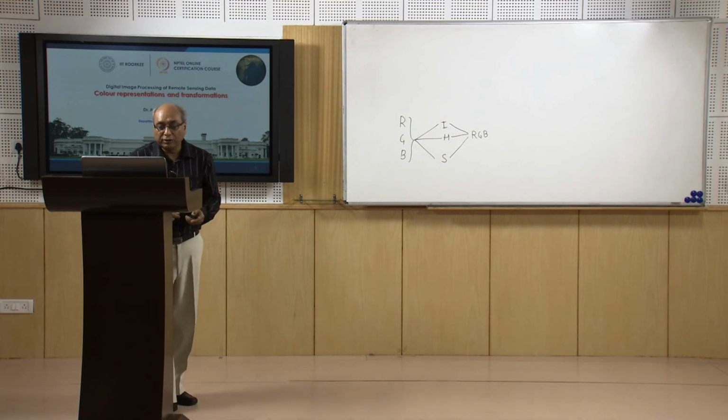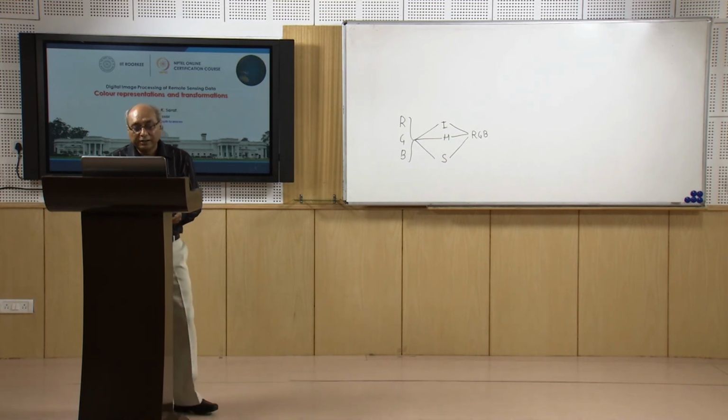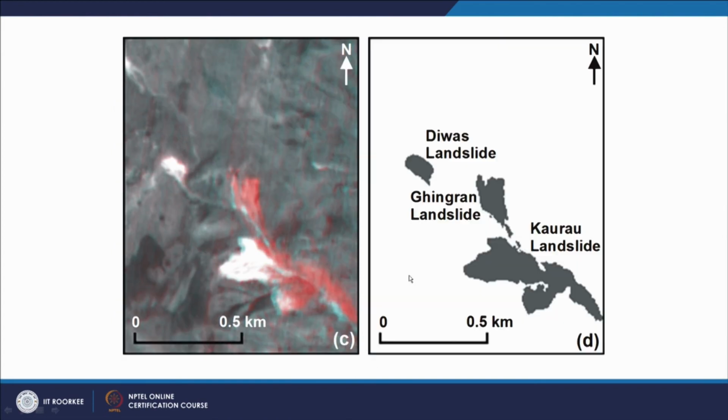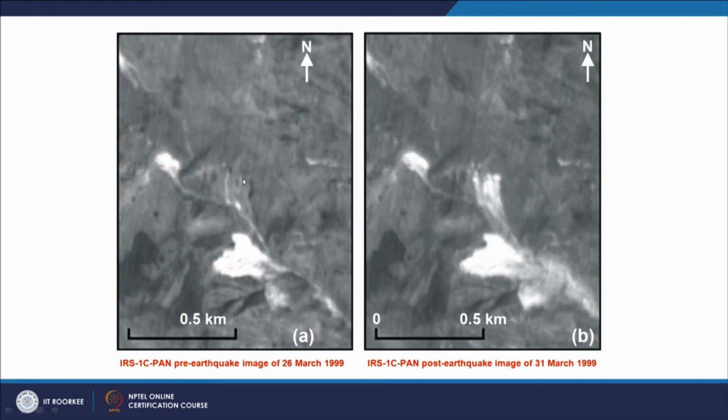Another example from the same earthquake, same sensor, this is pre, this is post. When you create a pseudo color transform image, you end up with this. So a large part here is also in white. That means there was already some landslide. This earthquake has induced further landslides, new landslides have come, and this was not there, though there were signs of early but slow failure.